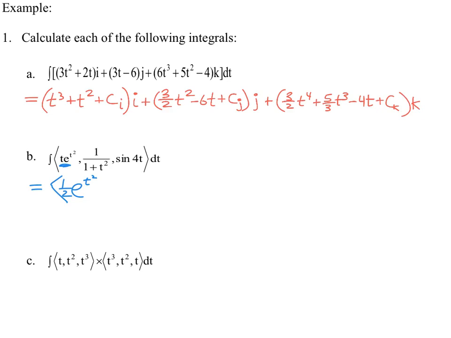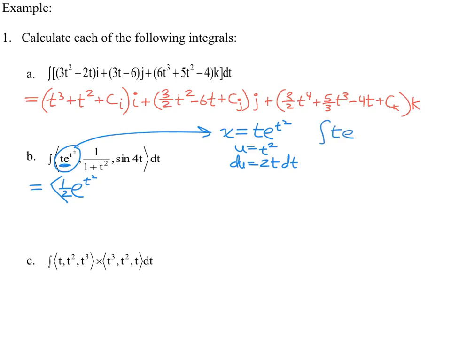All right, because what you'd have to do is pull out your function, off on the side here. I'd have to say f of t, it doesn't matter, t e to the t squared. Let u equal t squared. So du would be equal to 2t dt. Now ultimately I'm looking for an antiderivative, so I would use that notation. So the integral of t e to the t squared dt.